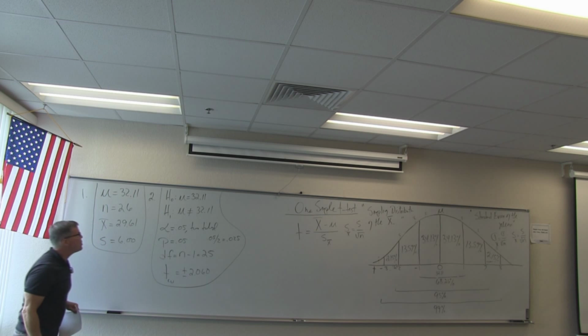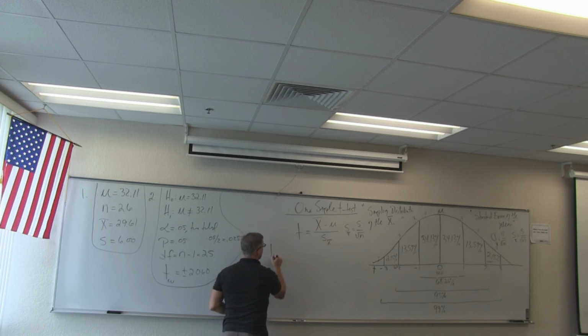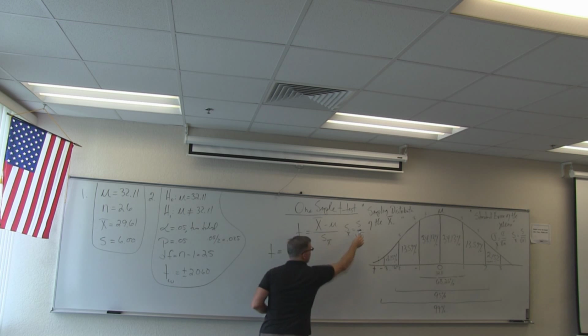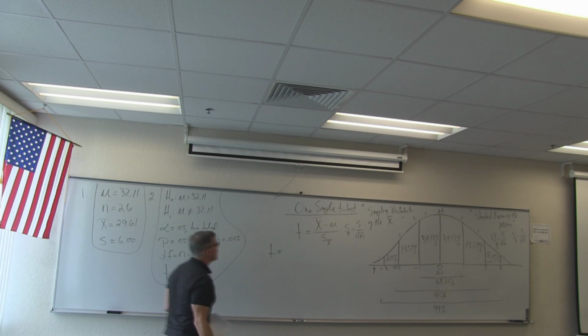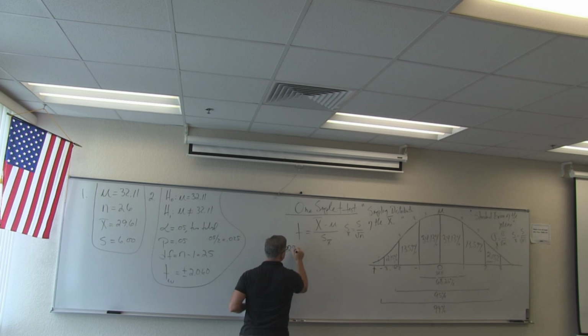We have phase 2. Next step, let's compute t with special emphasis on what's going on with the standard error of the mean. 29.61 minus 32.11 over the standard error of the mean.